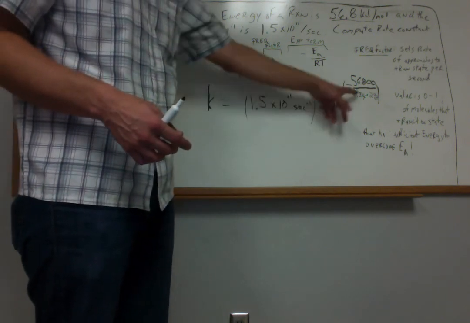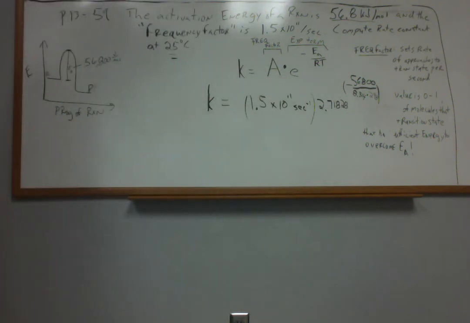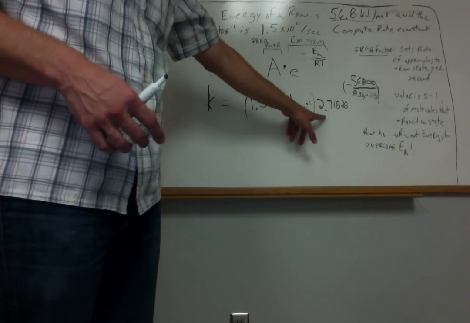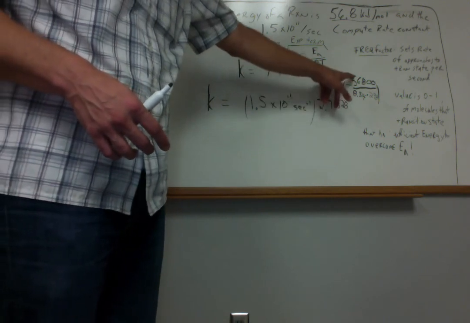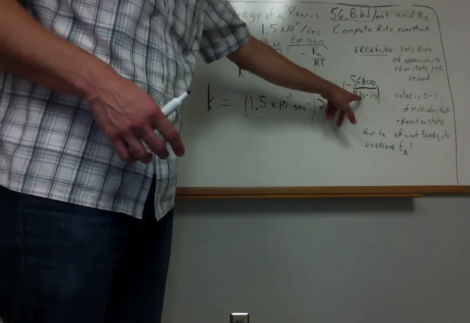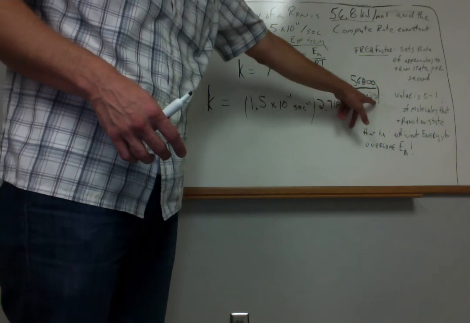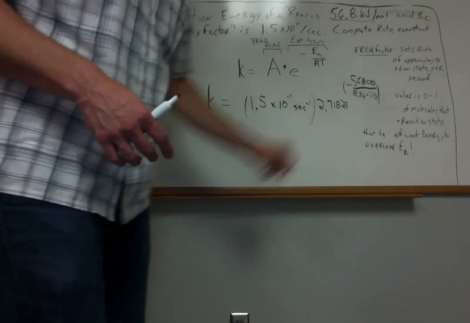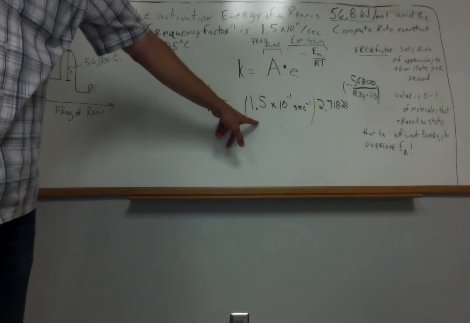We've already plugged in our variables, and I think we can see we're basically ready to solve this equation. We take e, the base for natural logarithms, and raise it to the negative EA over RT, where R is that constant again and T is our Kelvin temperature, all right? And then we multiply it by our frequency factor.